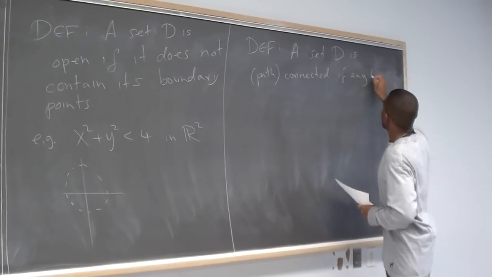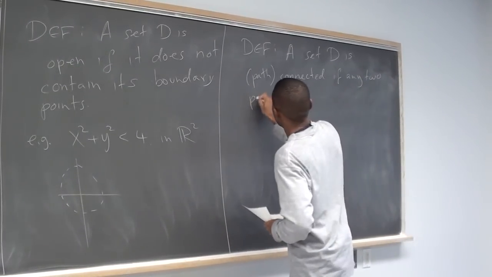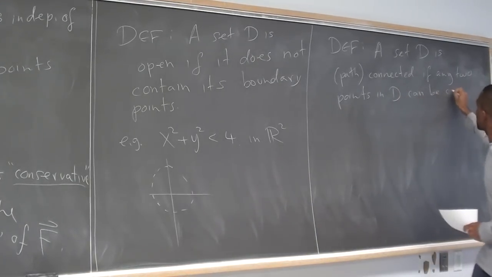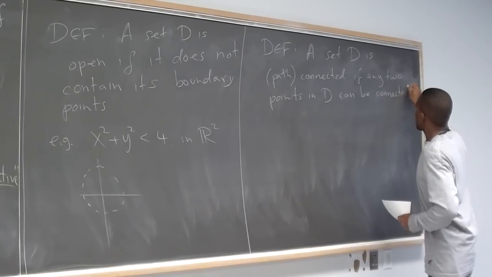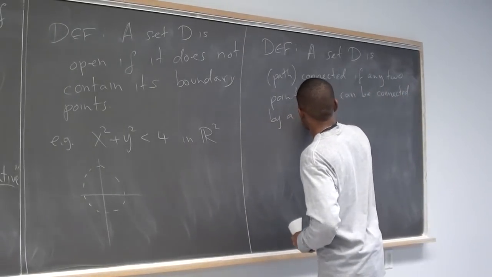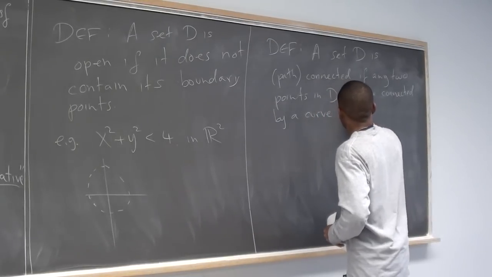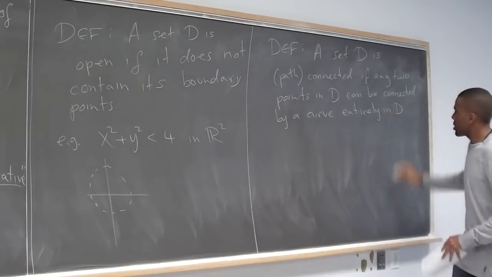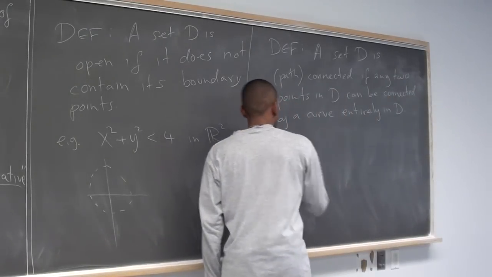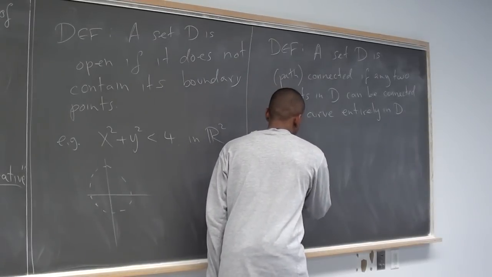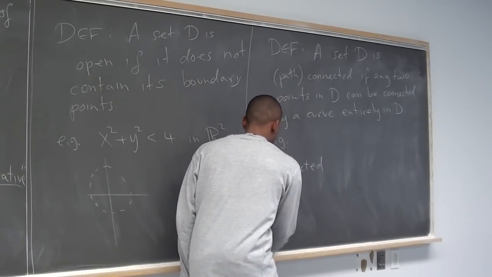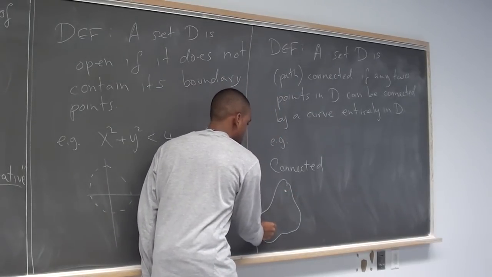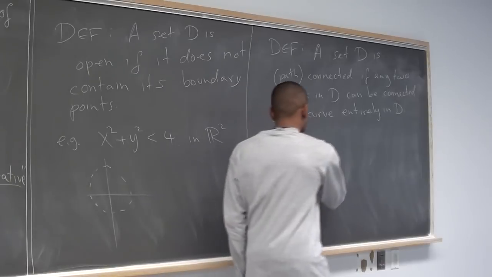If any 2 points can be connected by a curve entirely in the set. So, for example, you have a set that looks like that in R2. That's connected, because any 2 points you pick, I'd be able to draw a curve in there and connect them.